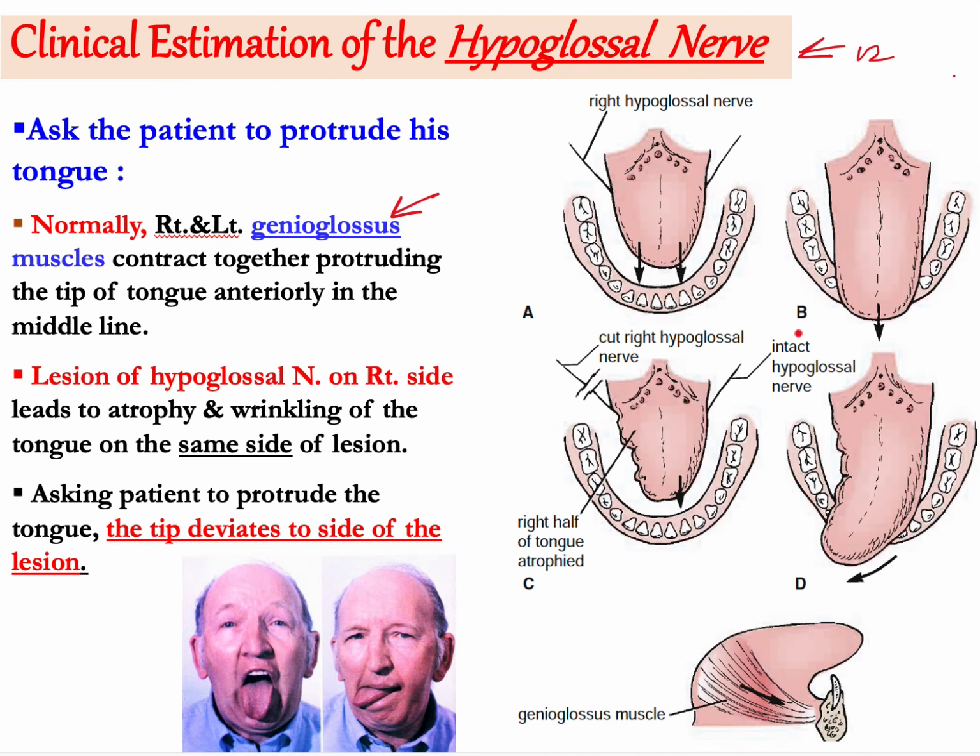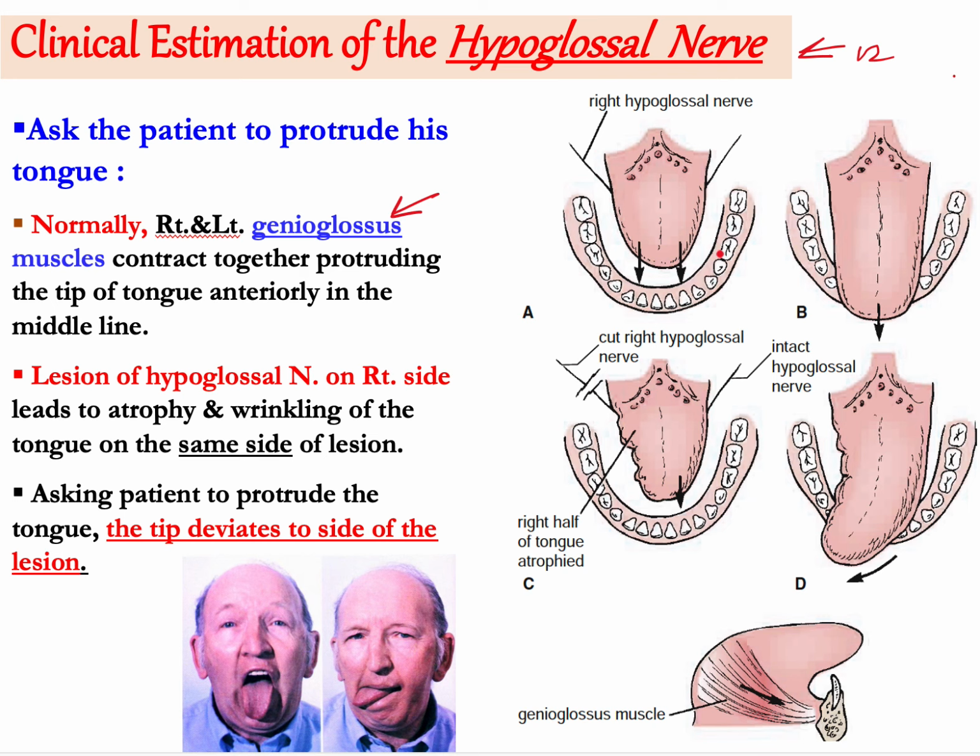So let us move back here. Normally, the genioglossus muscle is innervated by the hypoglossal nerve. The one on the right protrudes the tongue and pushes it a little bit to the left.